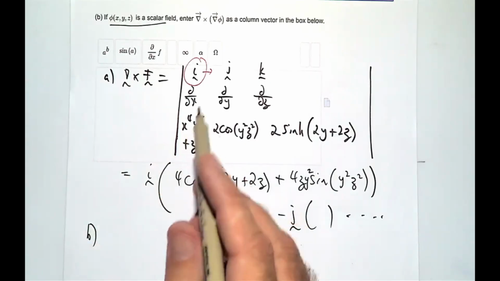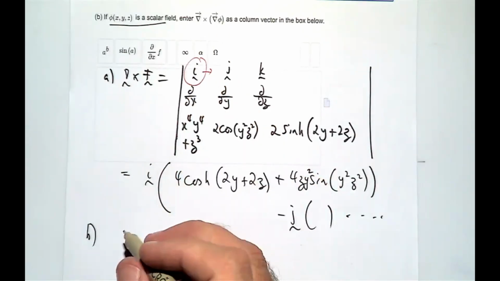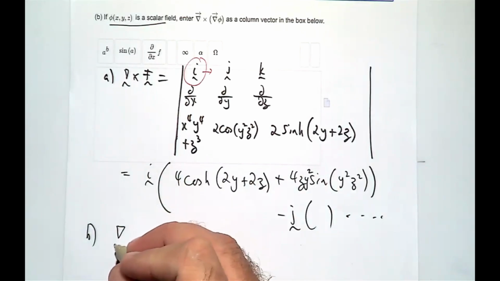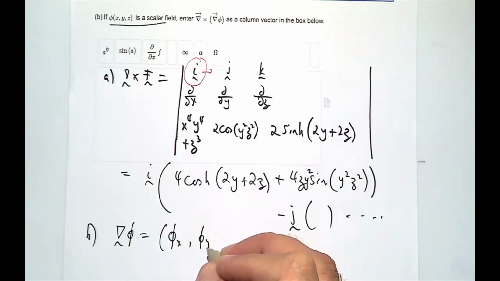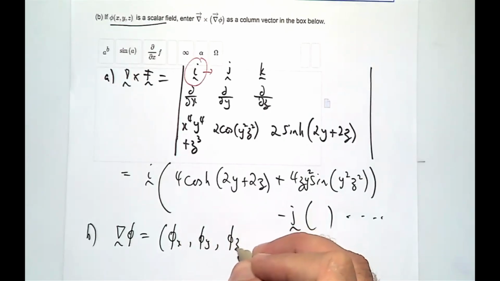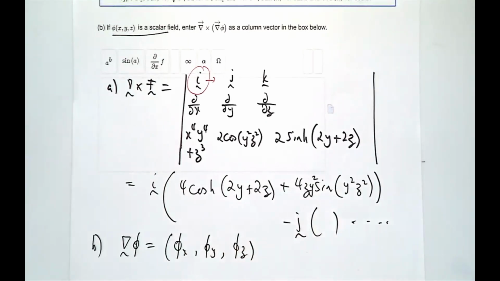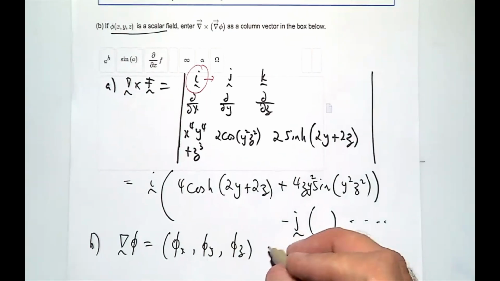So if I'm taking the curl of the gradient, the gradient is just this, where the subscripts are partial derivatives, and let's do the cross with that.